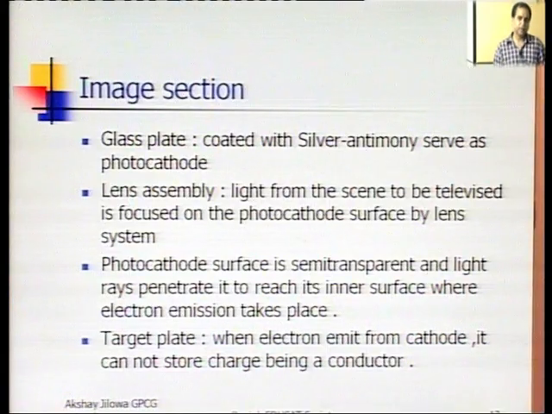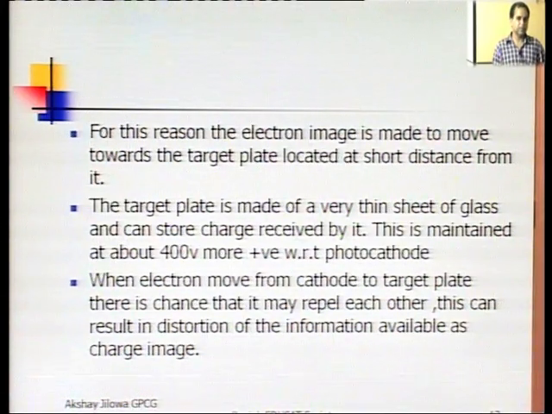Target plate: when electrons emit from the cathode, it cannot store charge, being a conductor. When an electron is emitted from the photocathode, the charge cannot be stored because it is a conductor. For this reason, the electron image is made to move toward the target plate located at a short distance from it.